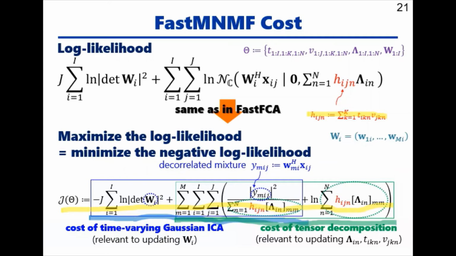Consequently, we can optimize the cost efficiently by alternately applying ICA updates for W and tensor decomposition updates for lambda, t, and v.